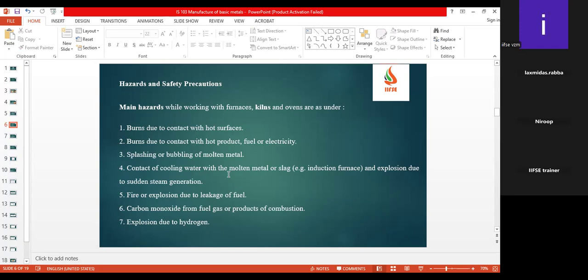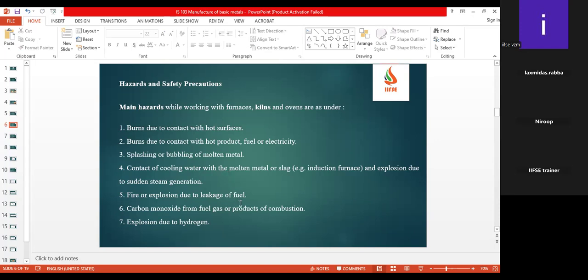If the tubes are damaged and water leaks into the furnace at high temperatures, the water molecules will divide into O2 and hydrogen. The hydrogen release will result in an explosion.